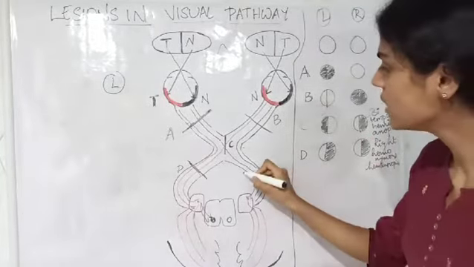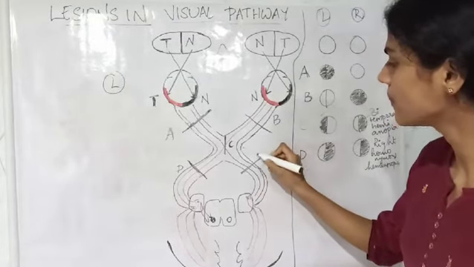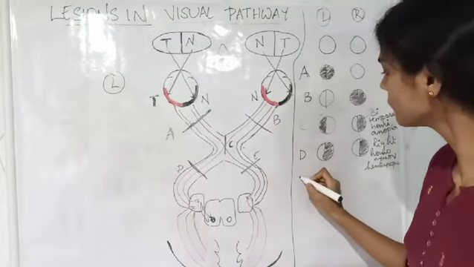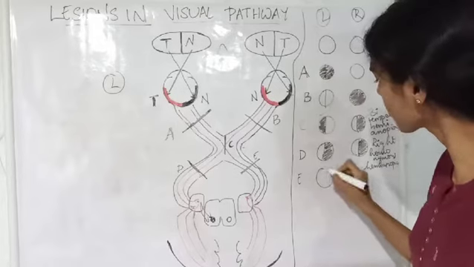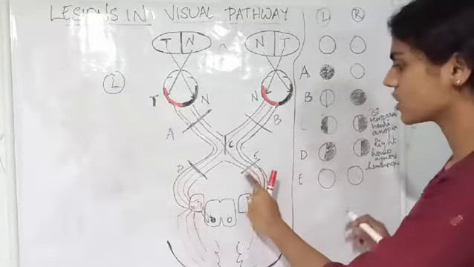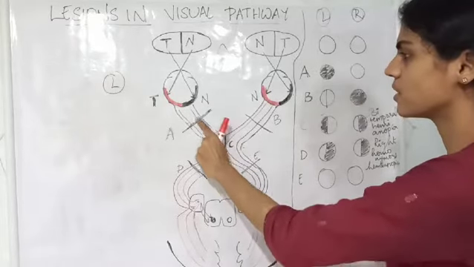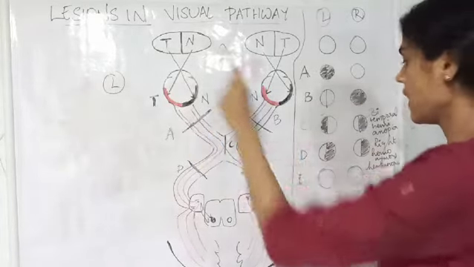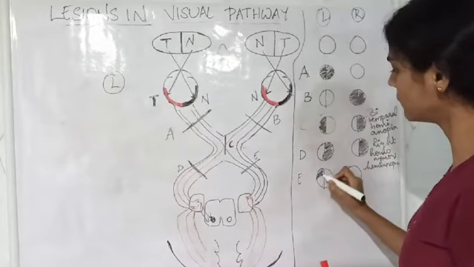Next one, if we are having a lesion here, A, B, C, D, E. If we are having a lesion here, we just follow the nerve fibers. It goes in nasal, it affects the temporal.